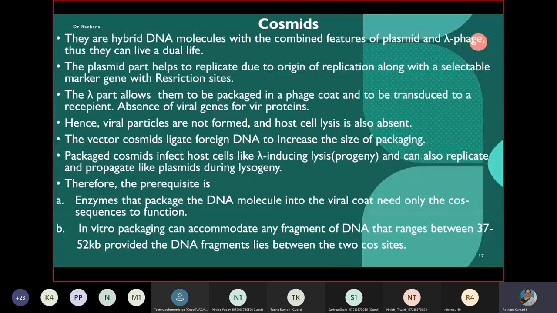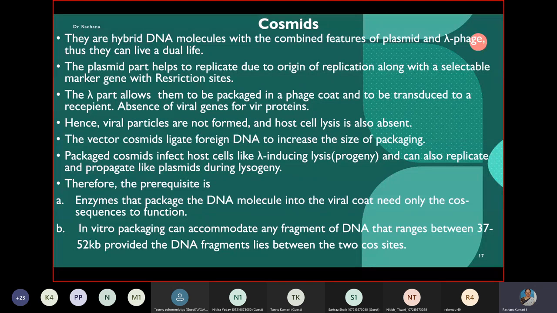Now we have the third type called cosmids. As the name suggests, cos and mids. So it looks like a cocktail, a chimera or a mixture of the two types which we had been discussing so far.